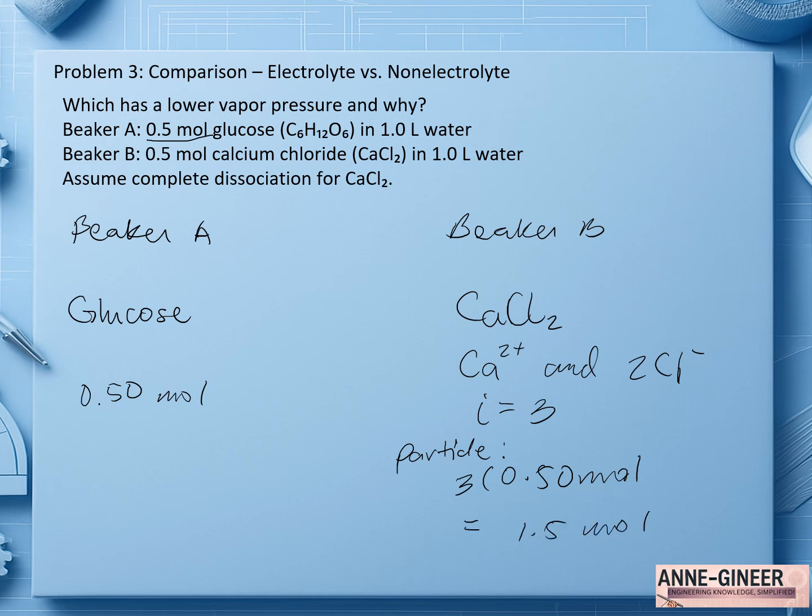Since colligative properties depend on the number of solute particles, beaker B has more particles, so it lowers the vapor pressure more. So beaker B has the lower vapor pressure because it produces more solute particles due to dissociation.